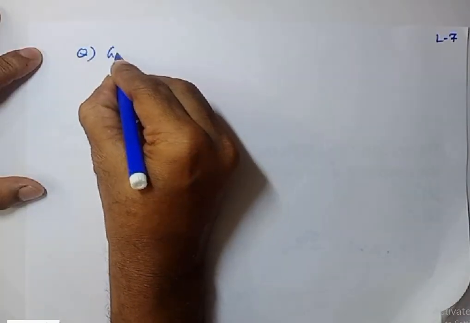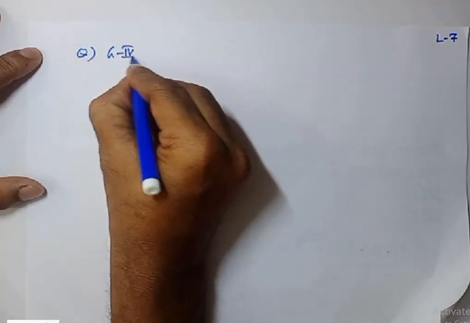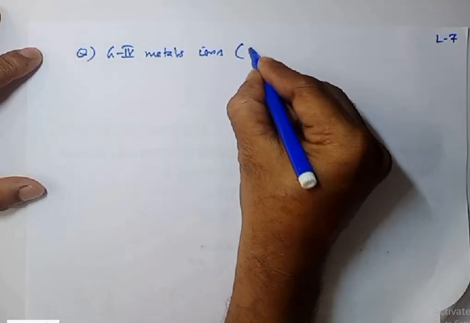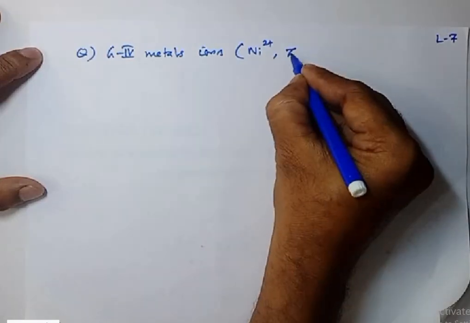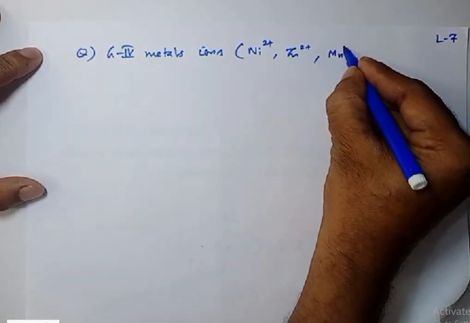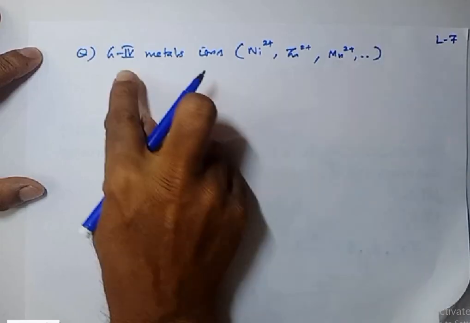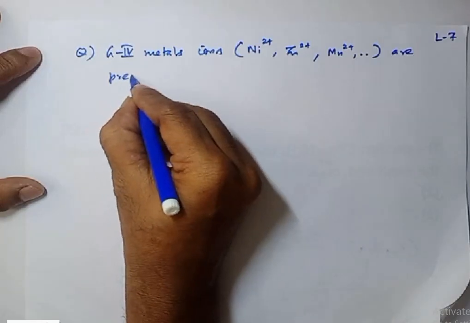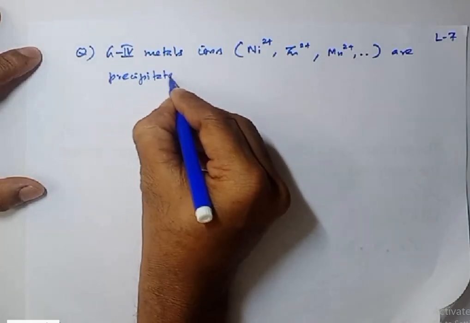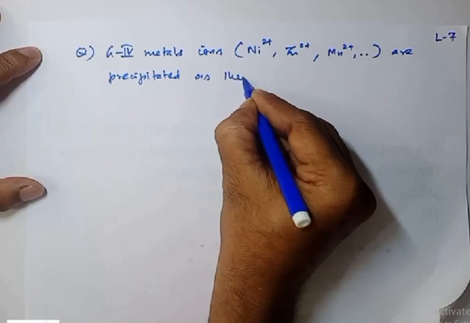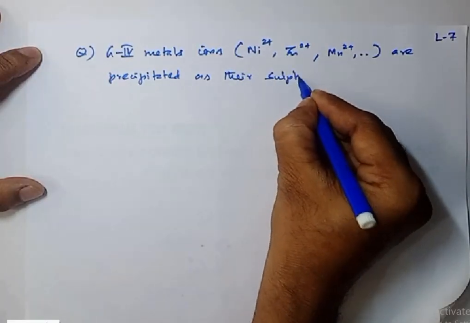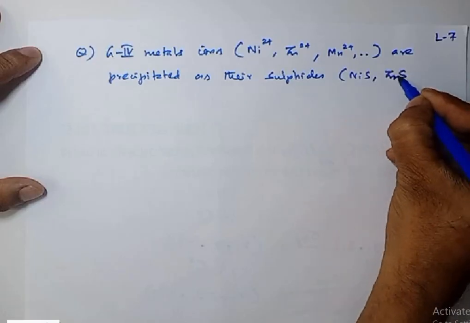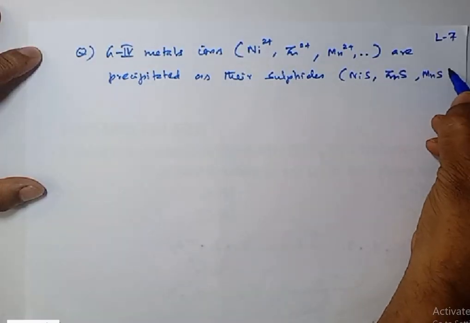Group 4 metal ions like nickel 2 plus, zinc 2 plus, manganese 2 plus, etc., are precipitated as their sulfides. Nickel as nickel sulfide, zinc as zinc sulfide, manganese as manganese sulfide, etc.